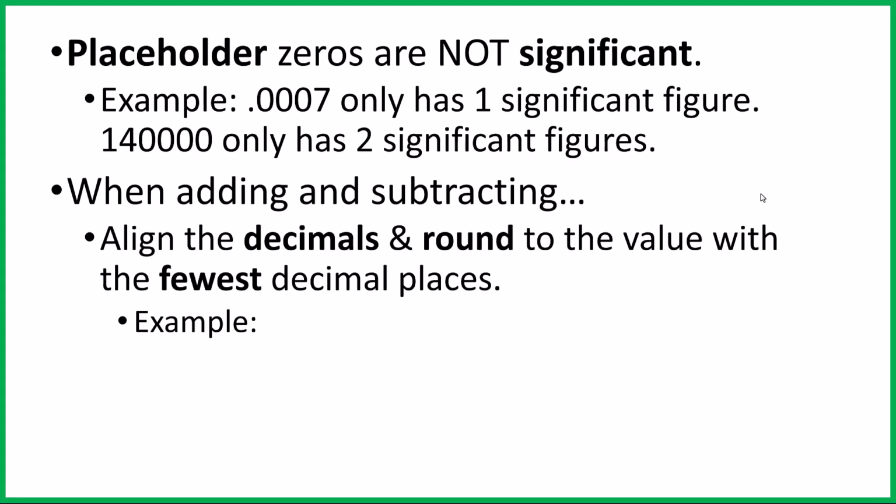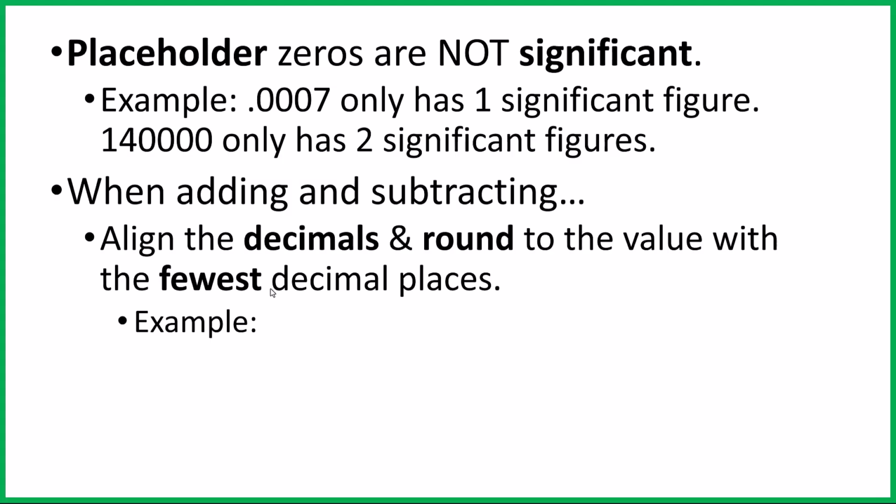Now, when you're calculating and modifying measurements that are already made, we need to follow some specific rules as well. When adding and subtracting measurements, you're going to align the decimals and round to the value with the fewest decimal places. The goal here is that we are trying to be as precise as possible with the calculations.